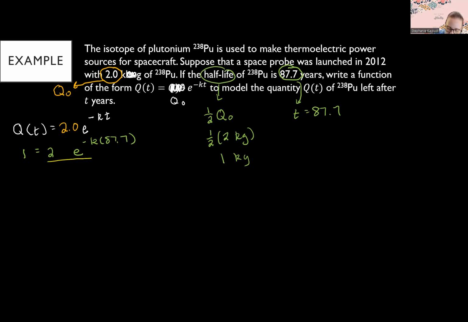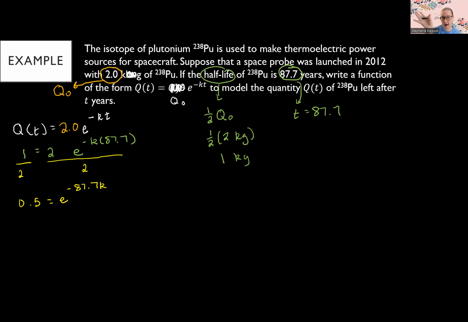So we're going to divide both sides by 2, just like we did in the other example, which gives us 1/2. So we get 0.5 equals e to the negative 87.7 k. So I'm just going to multiply that negative k times 87.7.